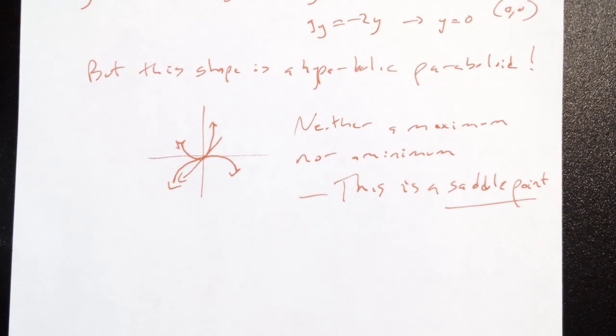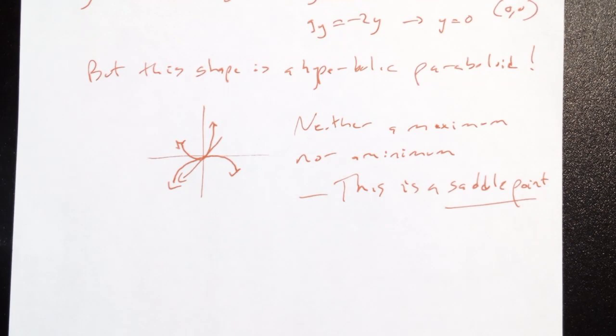But if I actually had a maximum and I looked at the x derivative, it would be going down. If I look at the y derivative, it would also be going down, right? Front to back and side to side. Go down between my eyebrows, and go down between my ears. If it was a minimum, then they would both be going up, right? In the x direction and the y direction.